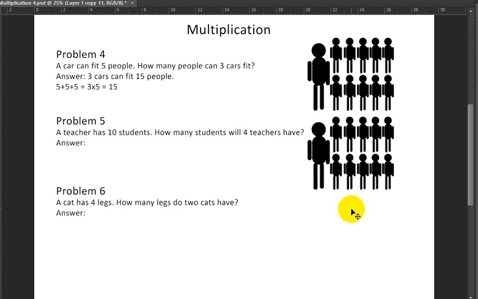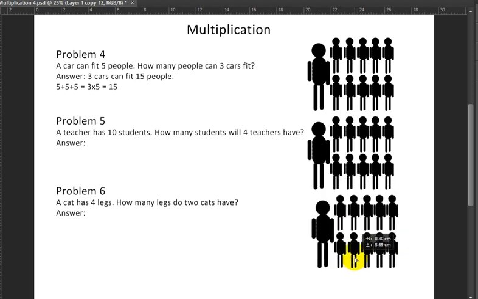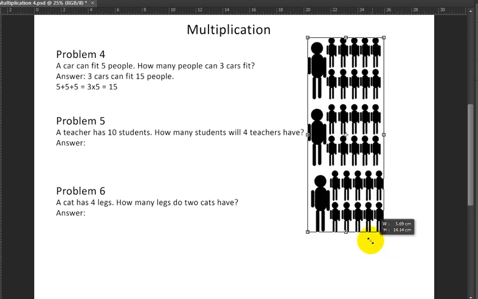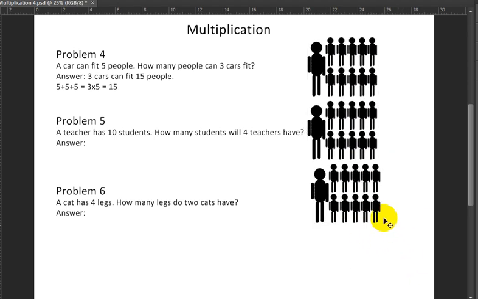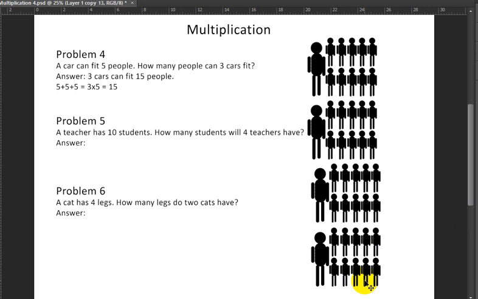Let's make some more teachers. Now we have 3. Let's make some room. We can make one more. Here we have now 4 teachers, right?